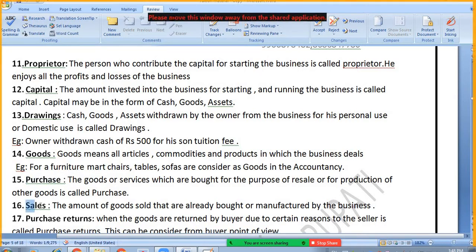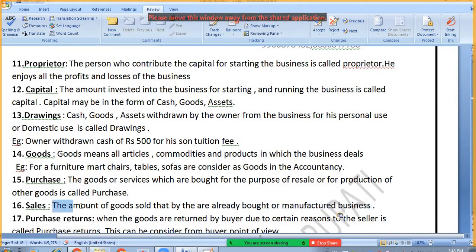Next one, sales. The amount of goods sold that are already bought or manufactured by the business is called sales.